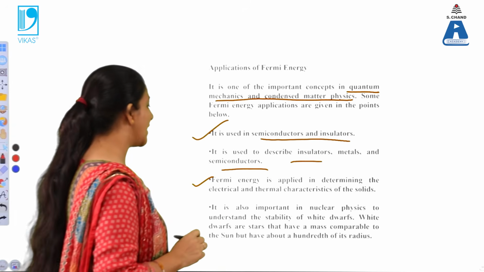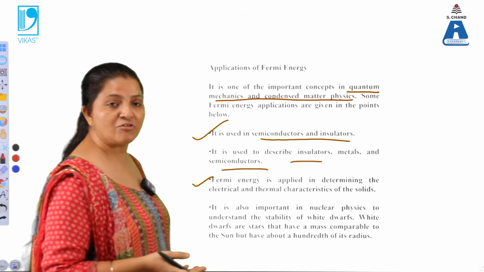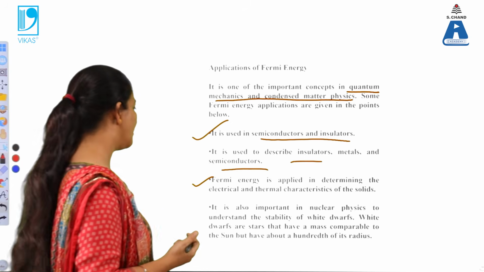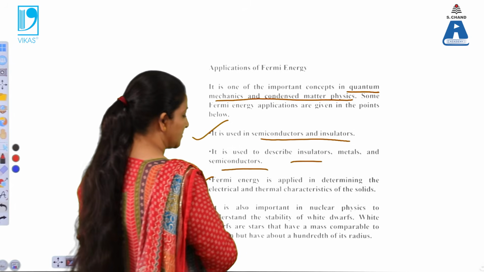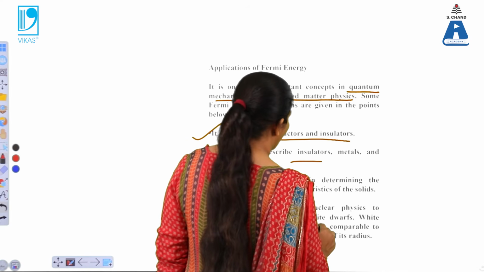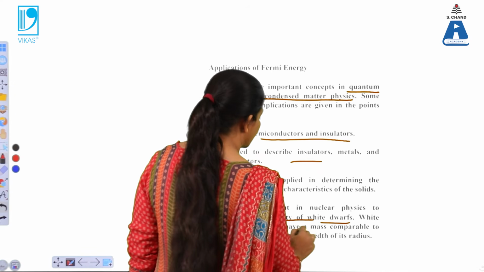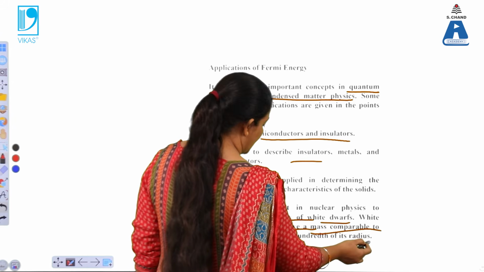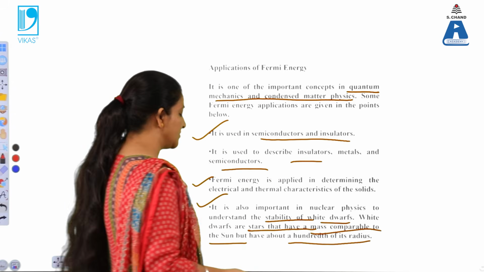Fermi energy is also applied to explain the electric and thermal characteristics of the material. And also in nuclear physics, to explain the stability of white dwarfs. These are stars whose mass is comparable to the sun, but their radius is about 1/100th of its radius.